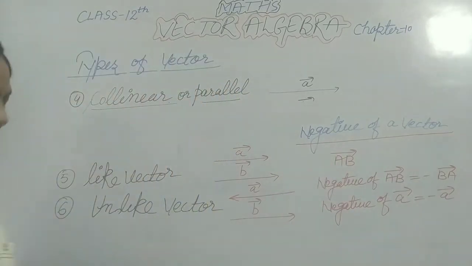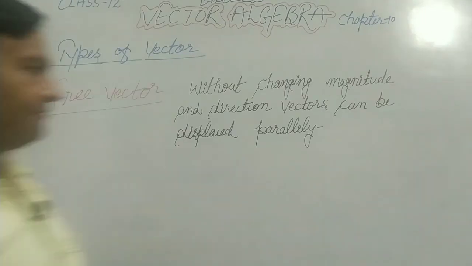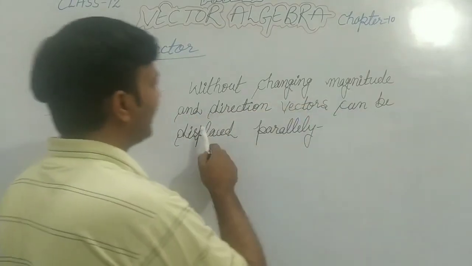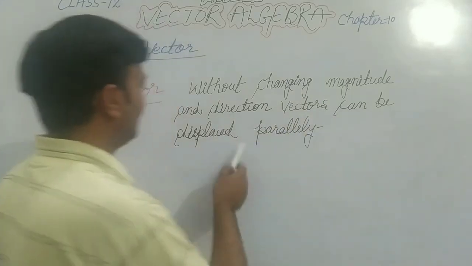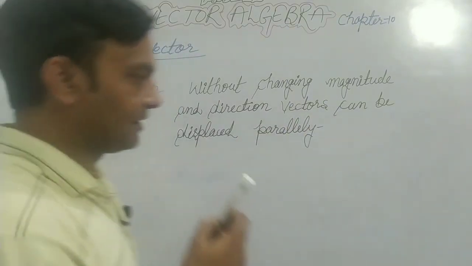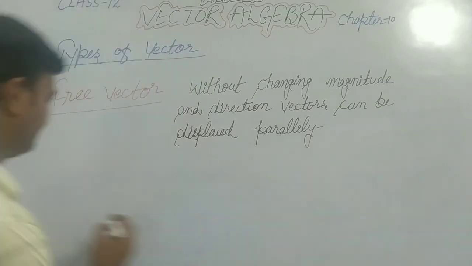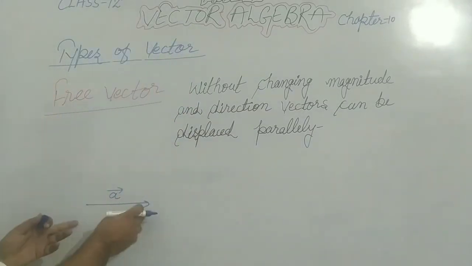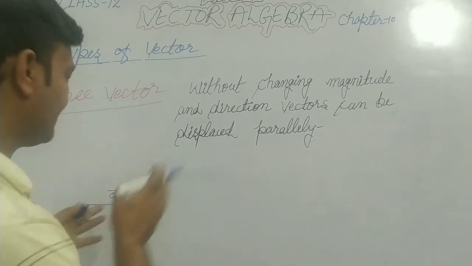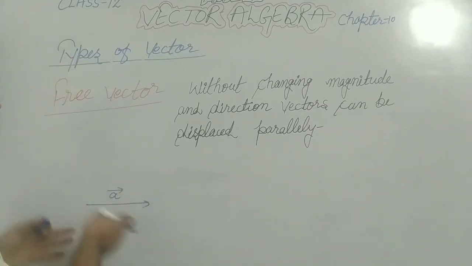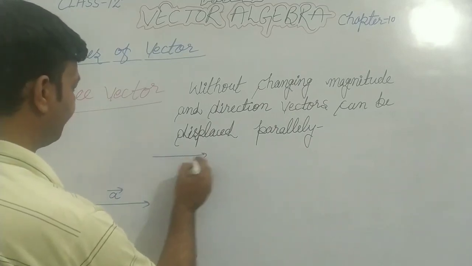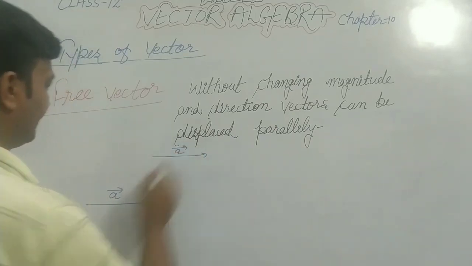Now the last one we have is the free vector. Without changing magnitude and direction, a vector can be displaced. We have a vector A, isn't it? So without changing its magnitude and direction, if we displace it parallelly, it is a free vector.